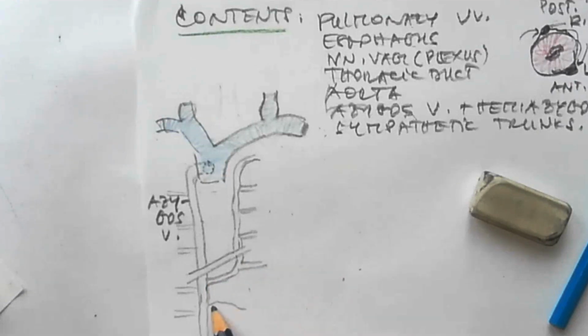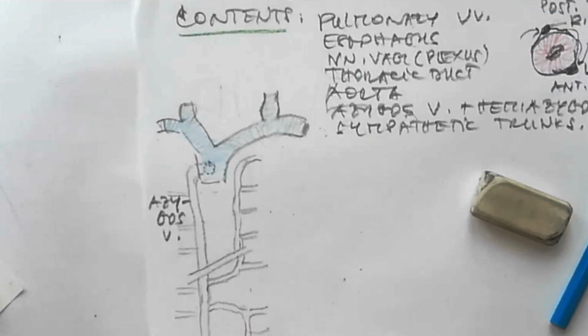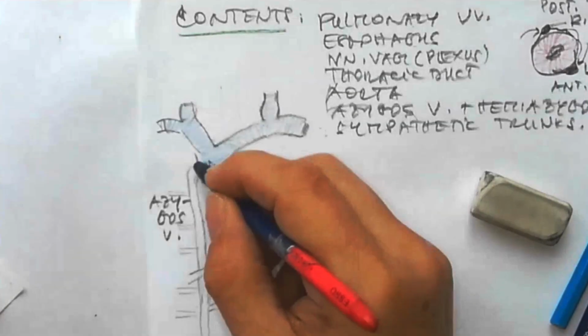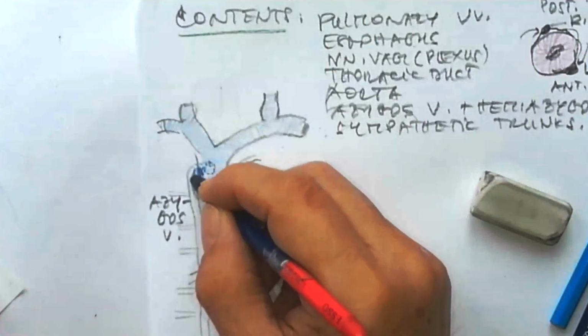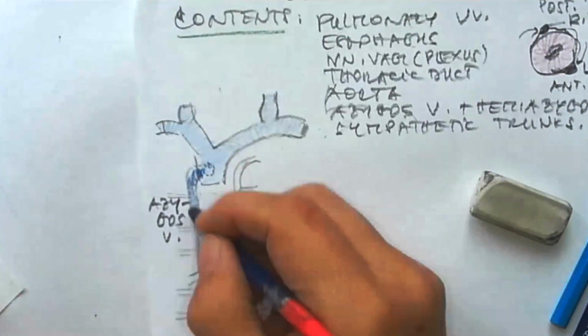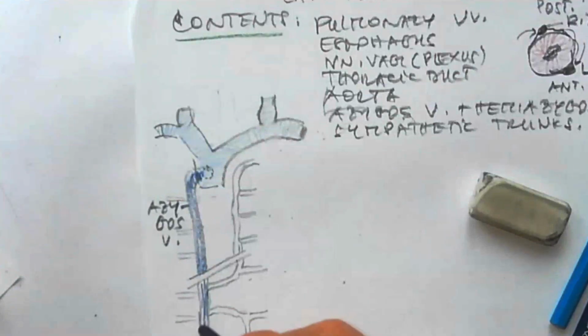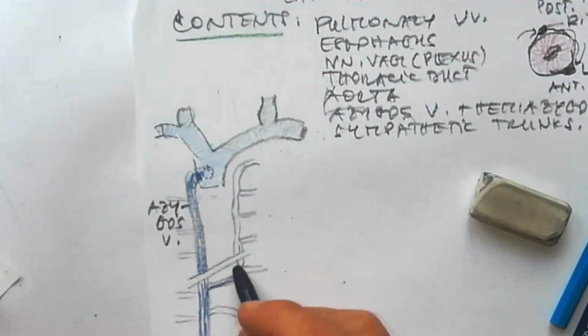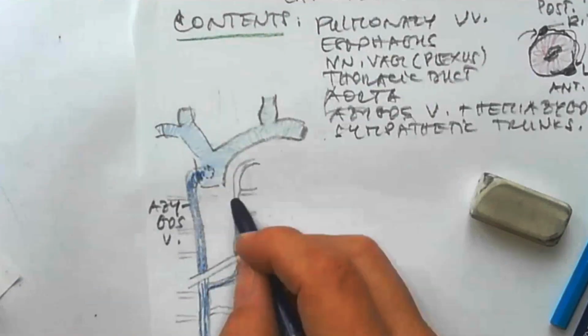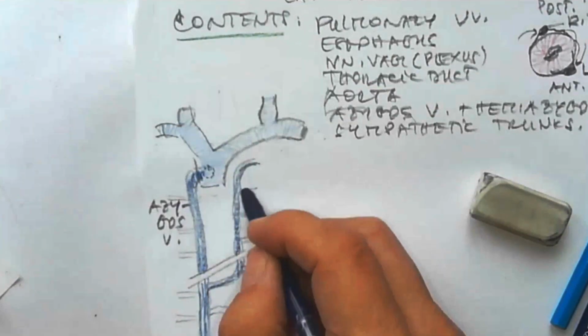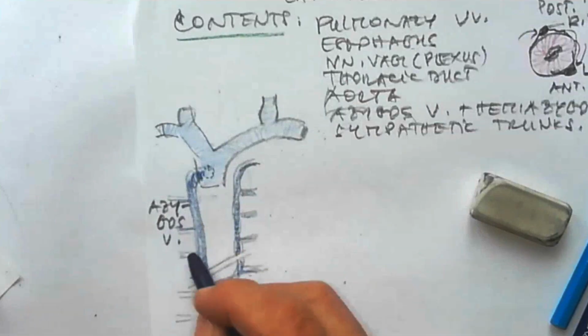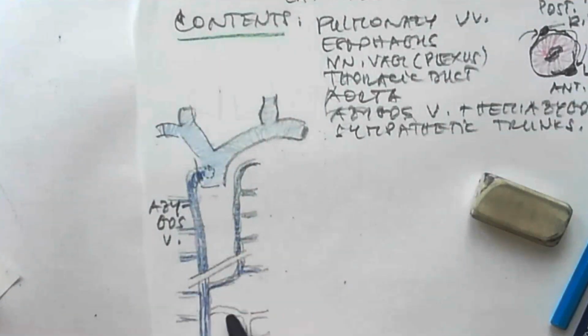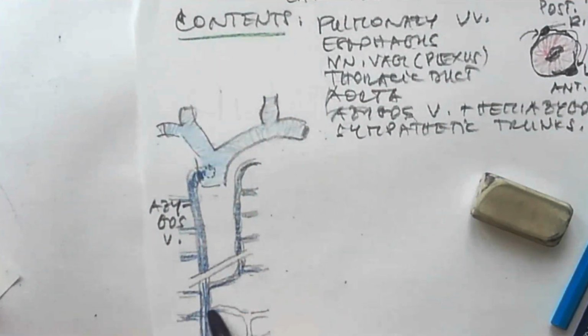Inferiorly here we have the hemiazygos, which has also the segmental veins. So we said that we need a different blue, correct? So in a different dark blue, we see the azygos system: hemiazygos, accessory hemiazygos. This would be absolutely sufficient.